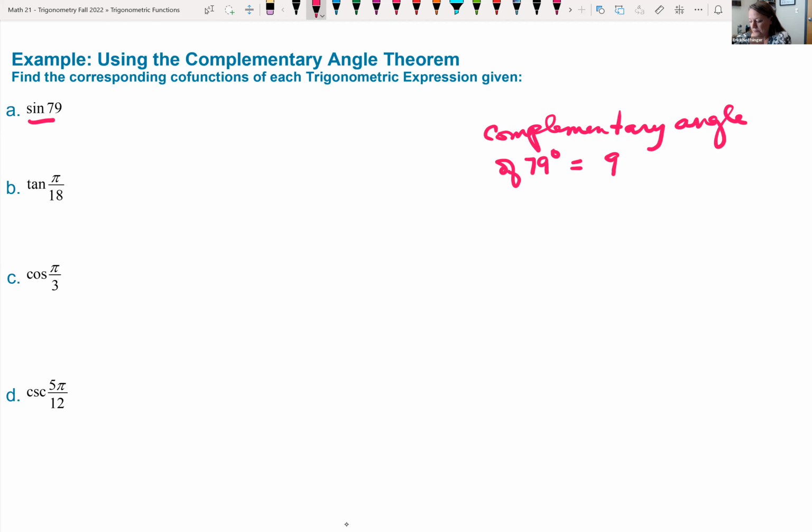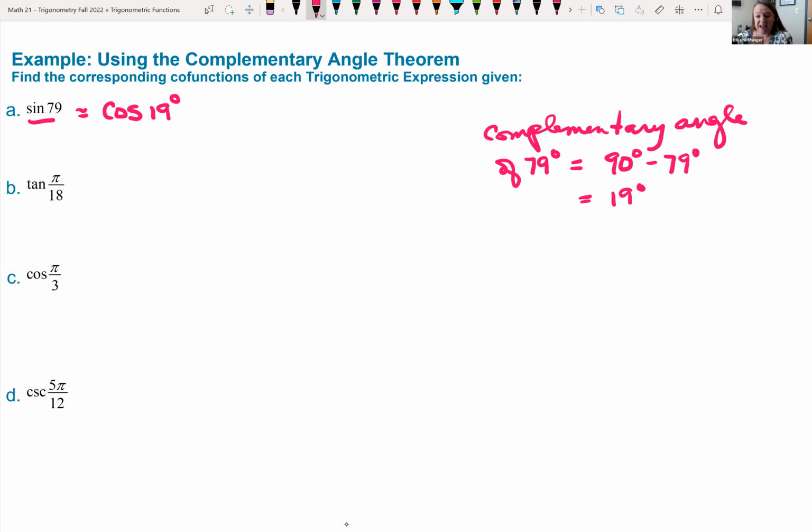Well, we can get that by looking at 90 degrees minus 79 degrees, which is equal to 19 degrees. And so the cofunction would be cosine of 19 degrees.